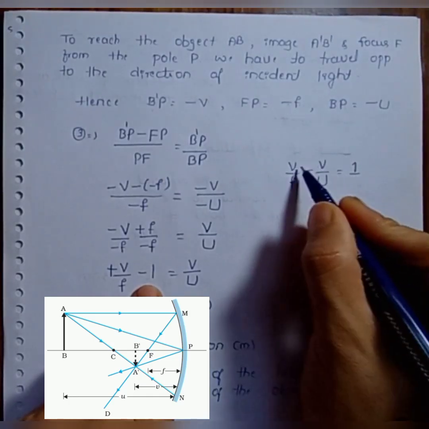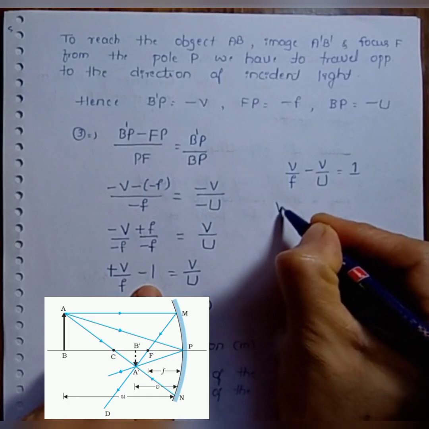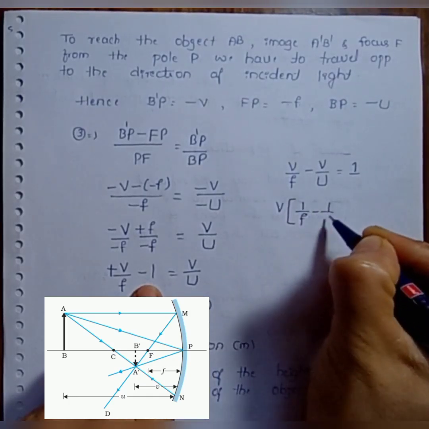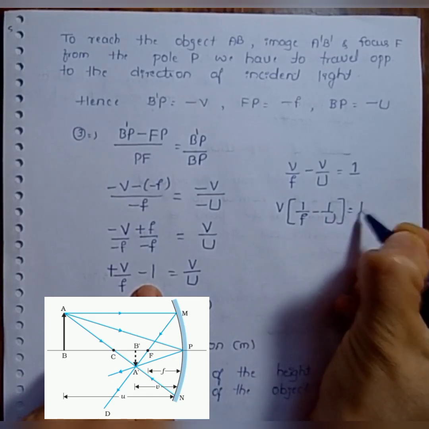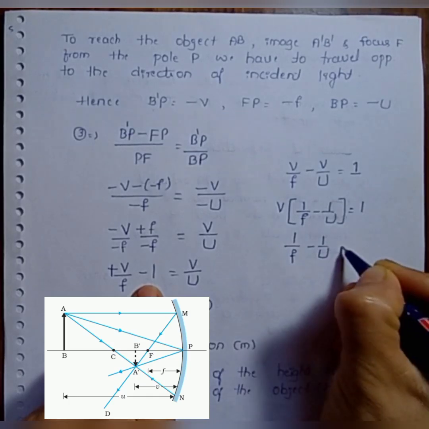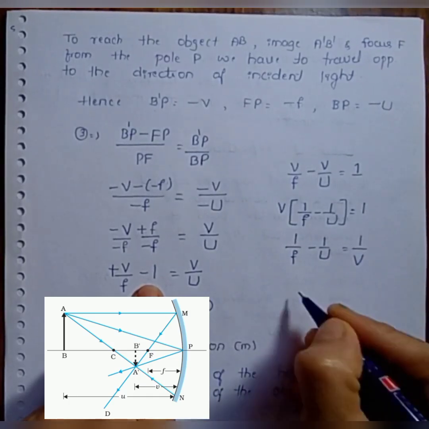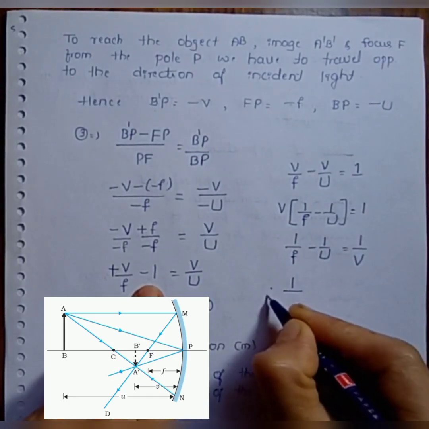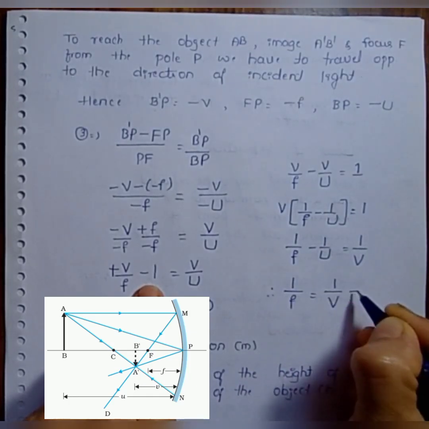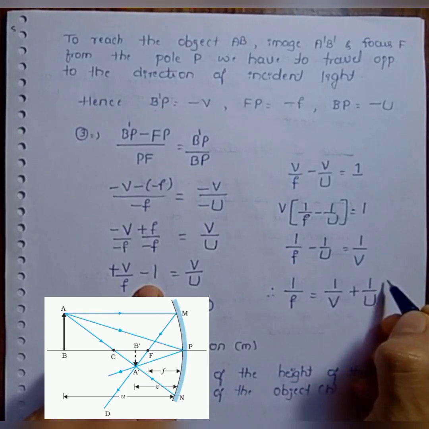Then v is common, take it outside, then we get 1 by f minus 1 by u is equal to 1 by v. Therefore 1 by f is equal to 1 by v plus 1 by u.